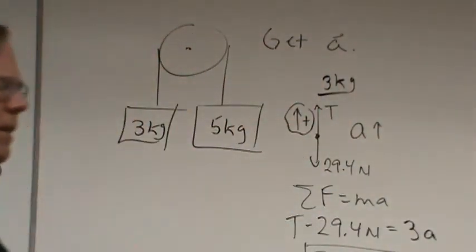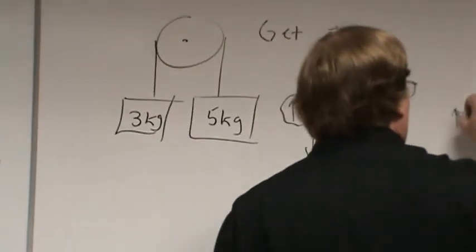When you get to your 5 kilogram, is everybody making sure it's negative A, because the acceleration is downward, or are they finding out it's positive?